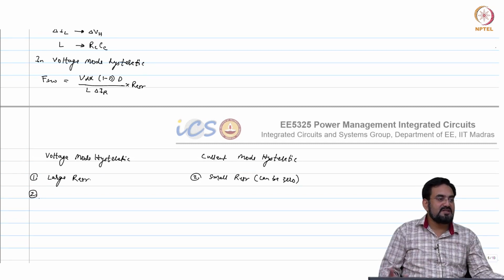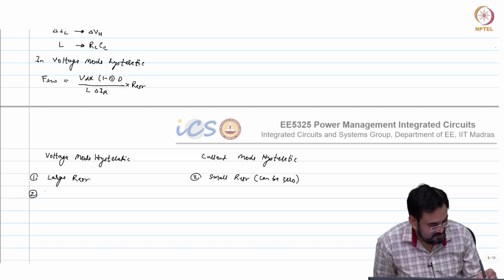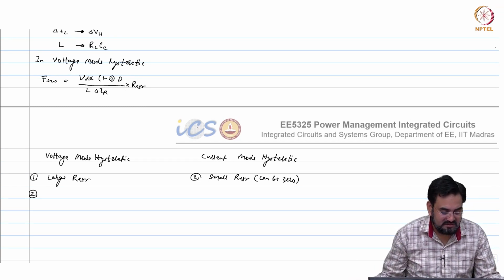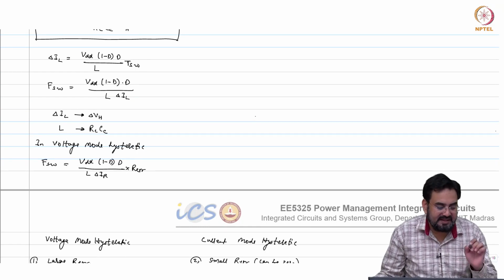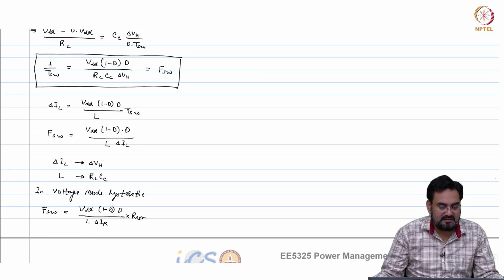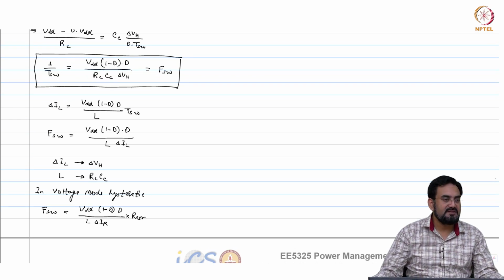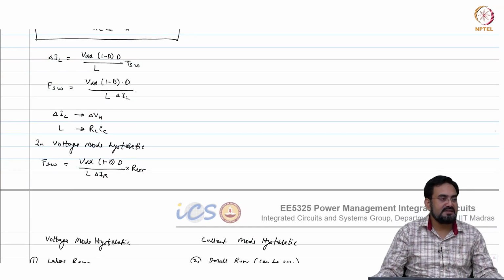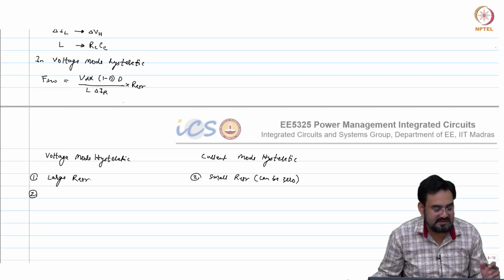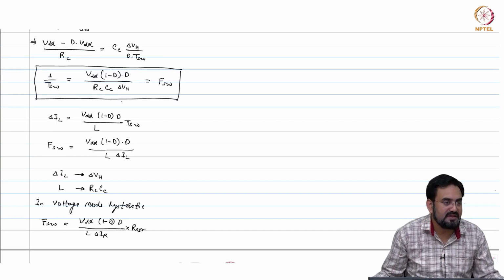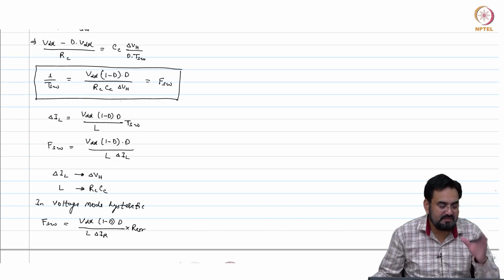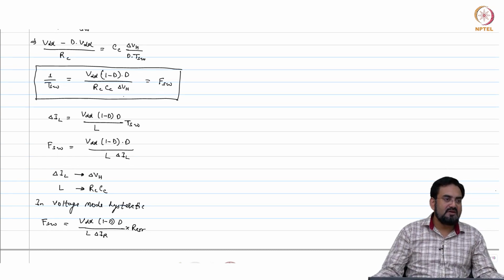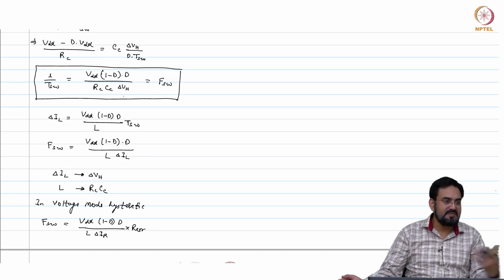Frequency was depending on almost everything: L, RESR, V in, V out. So, what is common here? VDD, D and delta VH, these three terms are common. But L and RESR are the extra terms which may vary, so frequency is depending on L and RESR. Here L is not coming, so it will only depend on RCCC, and RCCC is on chip. The tolerances on chip resistors and capacitors are less compared to off chip.